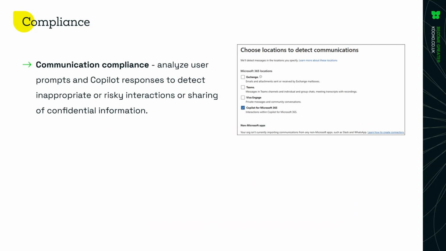Any interactions going on there, it can monitor those, and flag if there is some sensitive information being shared, if you're looking for a particular type of information, or any kind of disclosure that you don't want to happen. Essentially, Copilot interactions are saved in the user's mailbox, so it is messaging. So communications compliance can do that. The option has now appeared.